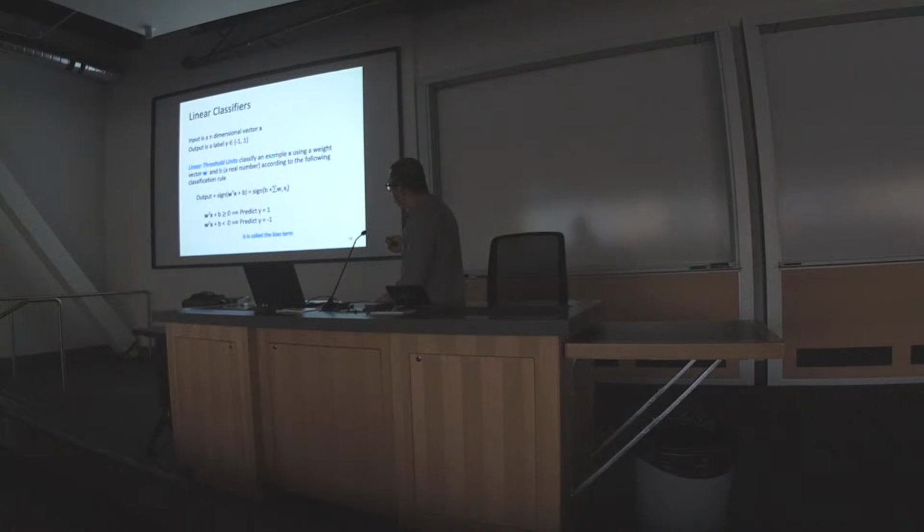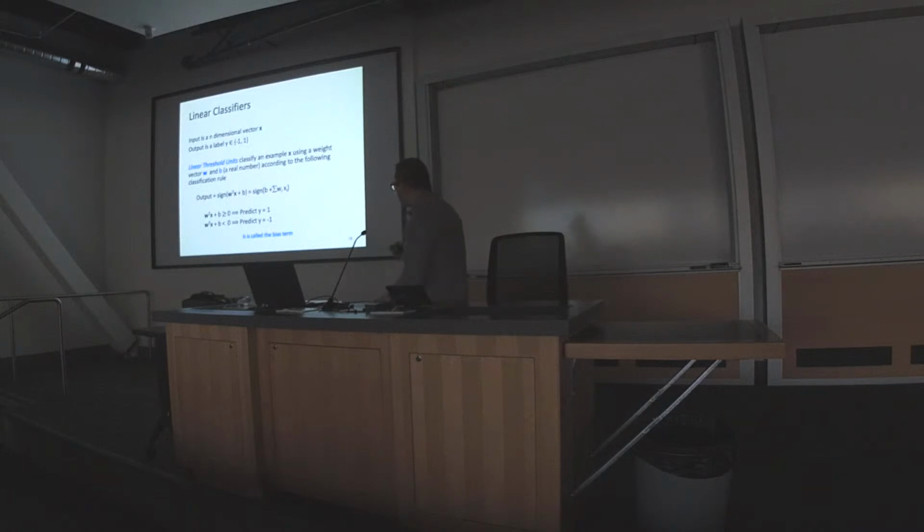Linear threshold units classify a particular example x using two parameters. One is a vector, called the weight vector w, and the other is a bias parameter b, which is just a number, a scalar. It's not a vector. And they use the following classification rule.